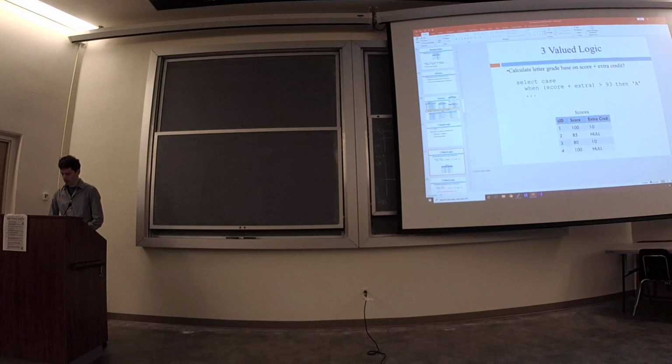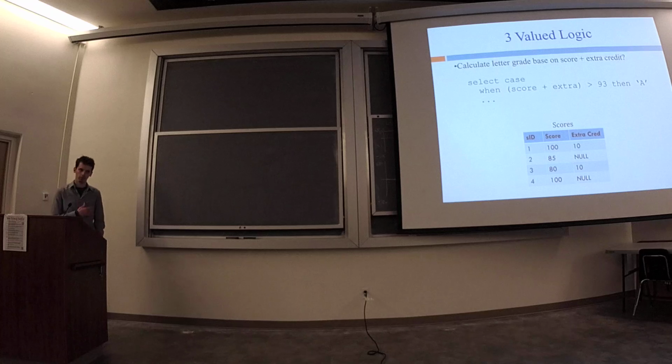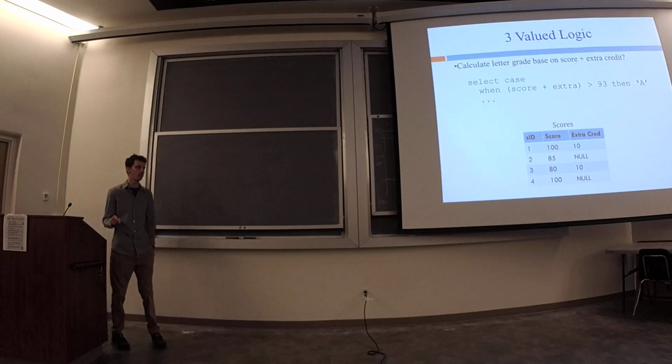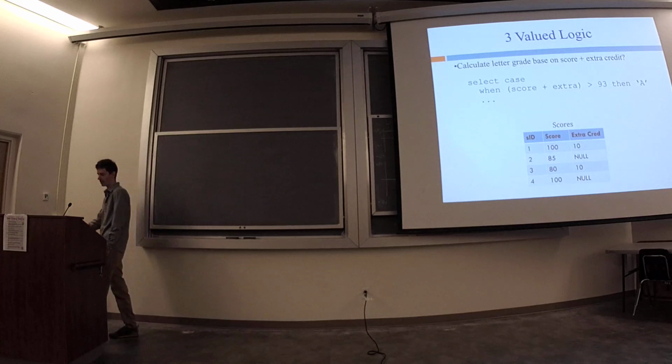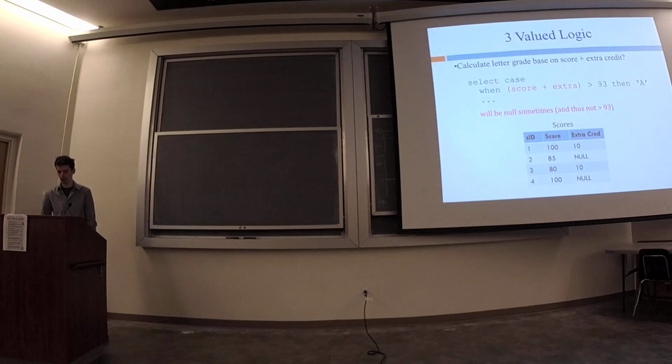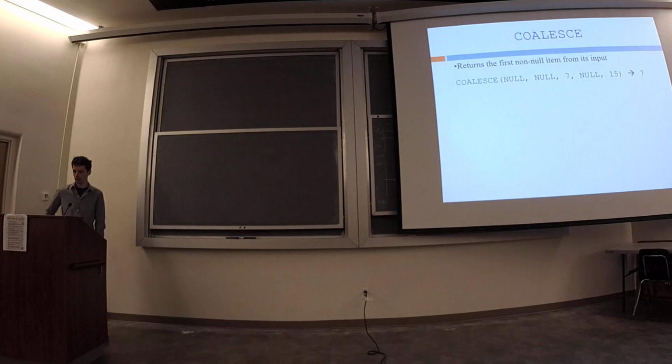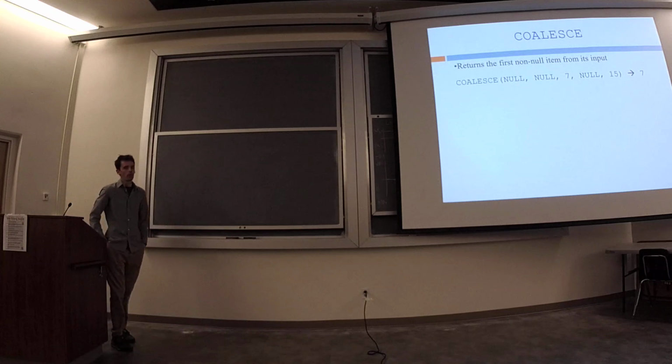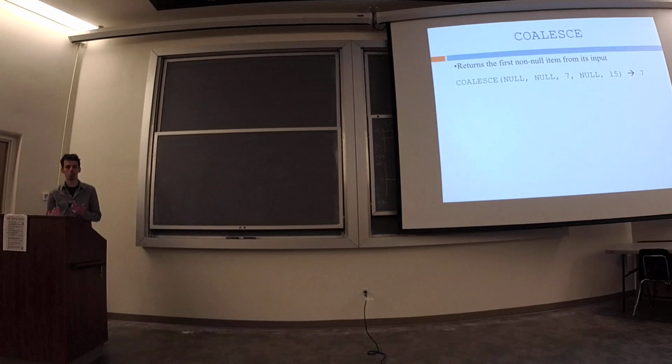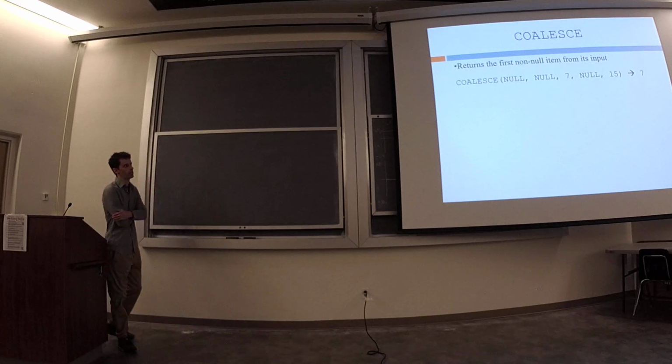The way we can fix this, there are multiple ways. We could use another case to convert null into 0 or something like that. But there's a better way to do this when dealing with nulls. It's this function called coalesce. Coalesce takes in some number of inputs, and all it does is return the first non-null one. So here's just a weird random example.